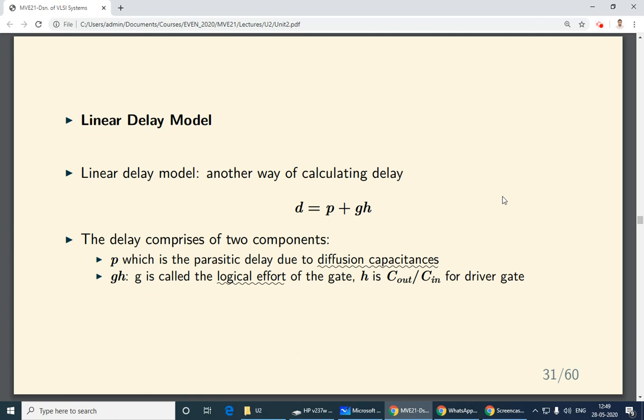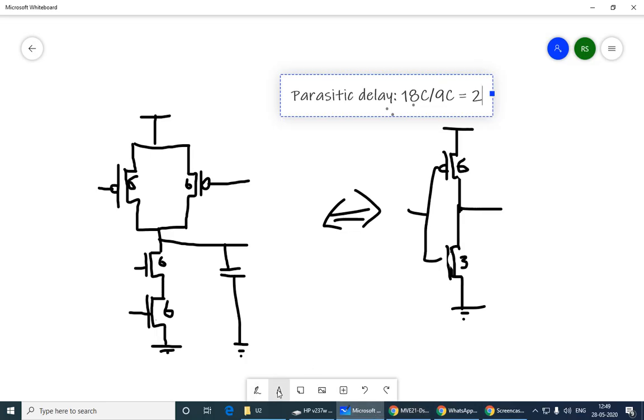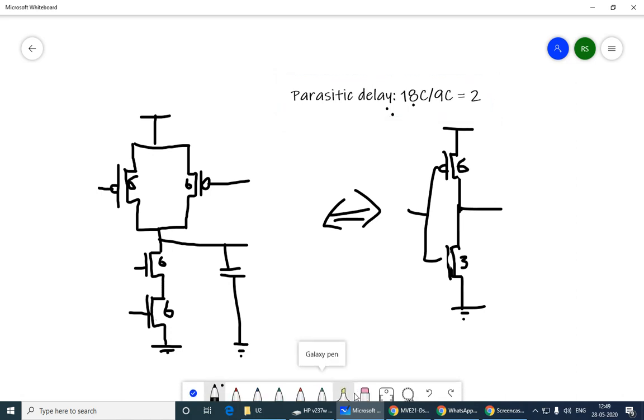Okay, P plus G into H. This is a very interesting combination that we see here. If you see this P plus G into H, let's write this part again.